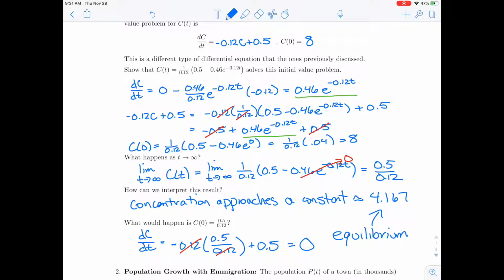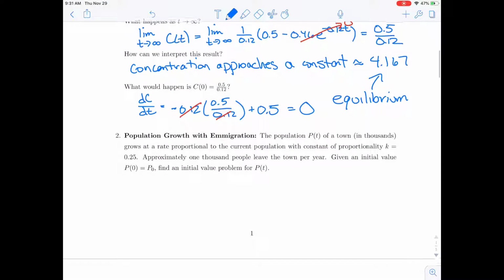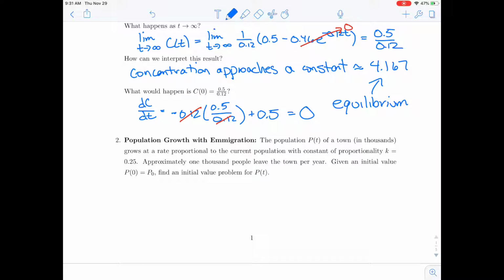We could also modify our population growth example by, instead of just allowing a population to increase without bound, having the population of a town, say in thousands, that grows at a rate proportional to the current population with a constant of proportionality k equals 0.25. But for that town, maybe approximately 1,000 people leave per year.